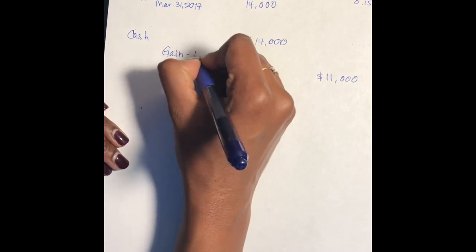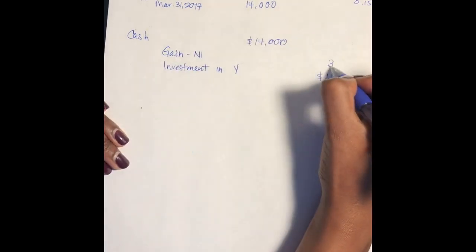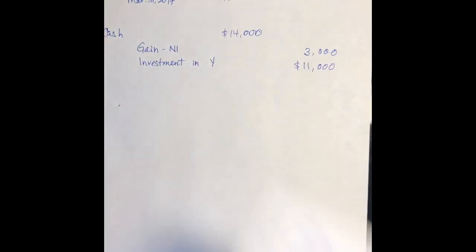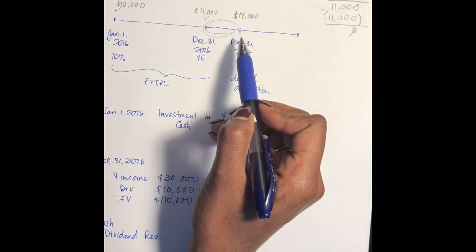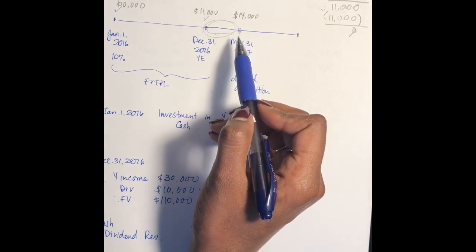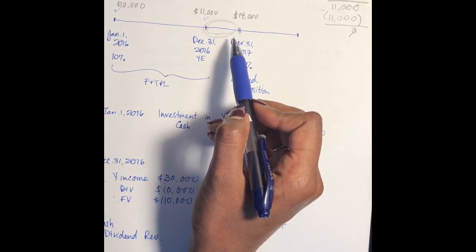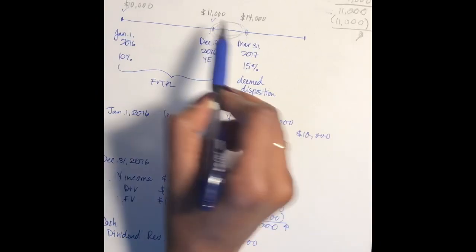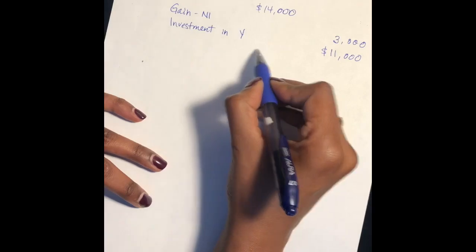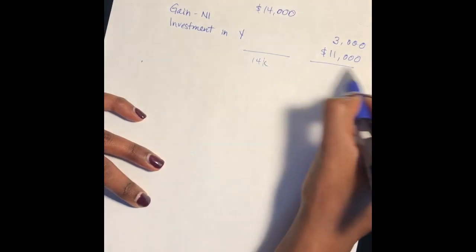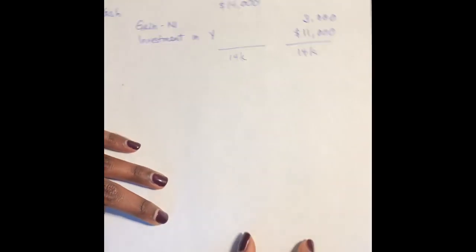You're going to credit a gain of 3,000 in that 3 months. In these 3 months that passed by, your investment made a gain of 3,000. Okay. So that's what you got to book. You just have to reflect that gain. Because now your entry balances. You have 14 on this side, 14 on this side.